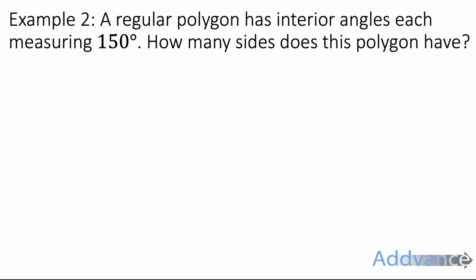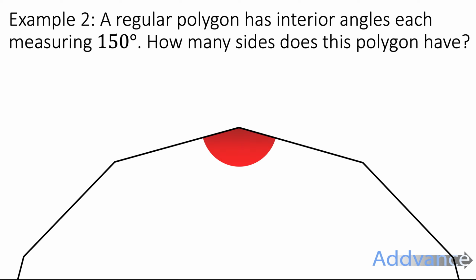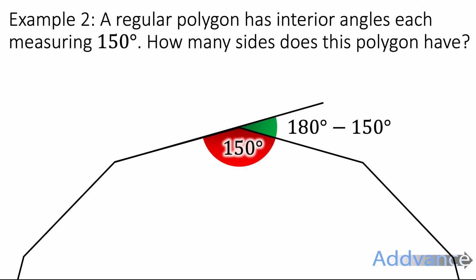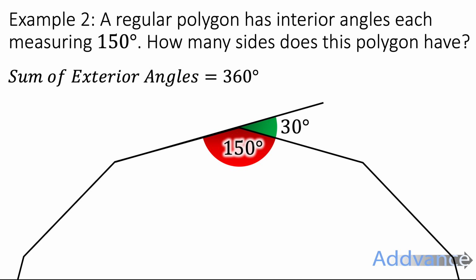Okay, example 2. A regular polygon has interior angles each measuring 150 degrees. How many sides does this polygon have? Okay, so it looks something like this, where we've got 150 degrees as the interior angle, and so we can also find the exterior angle by doing 180 minus 150, which is 30 degrees. So we know that all of the exterior angles will always add up to 360 degrees.